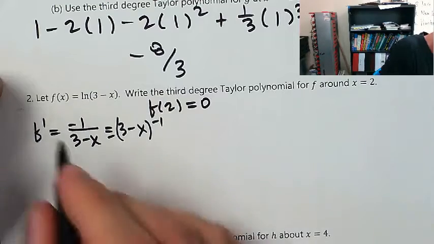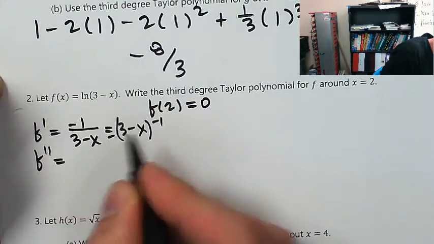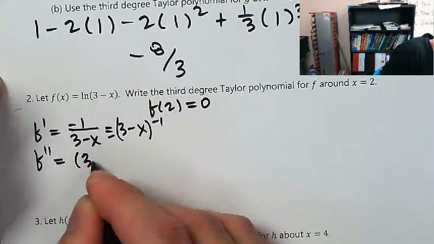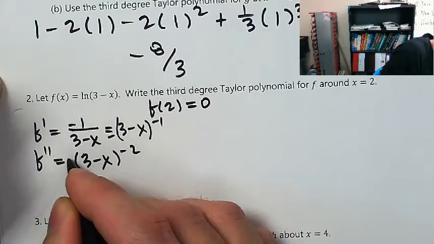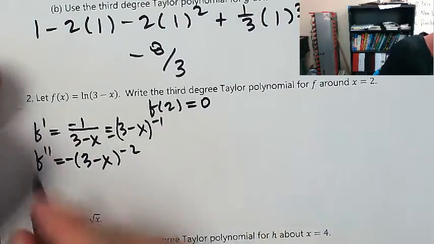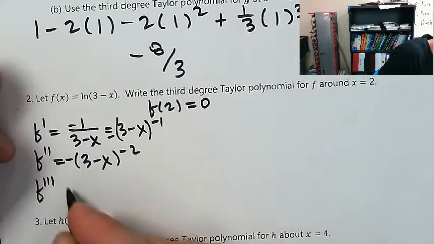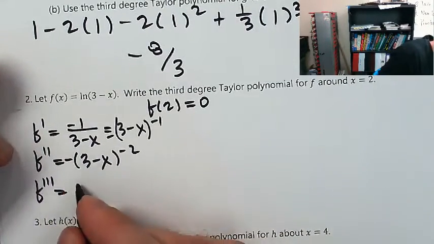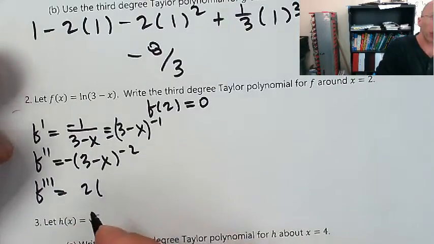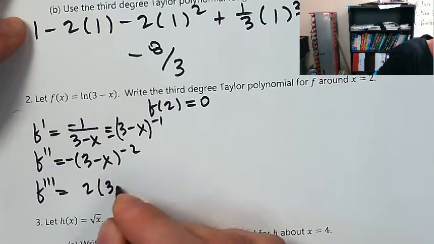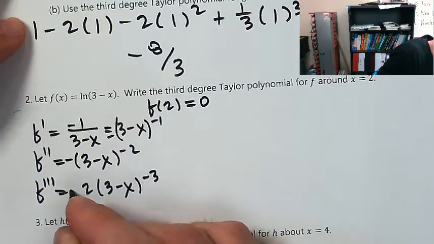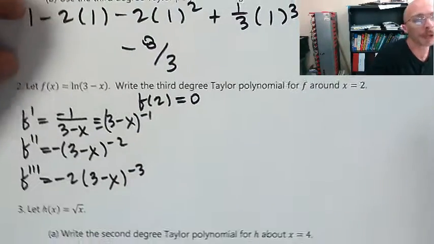That was a little sloppy, pardon me. And then f double prime equals positive 3 minus x to the -2 multiplied by -1 for the chain rule. And then f triple prime equals positive 2. I won't be fooled a third time. 3 minus x to the -3 times -1 for the chain rule.